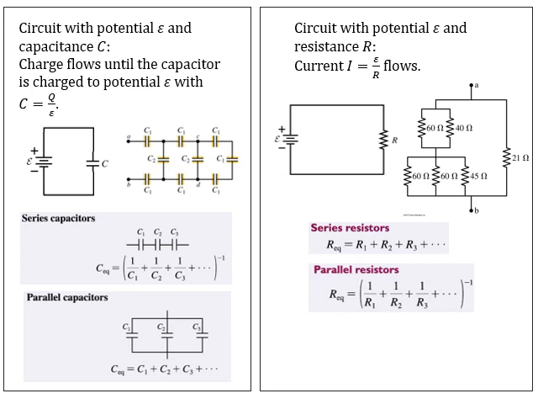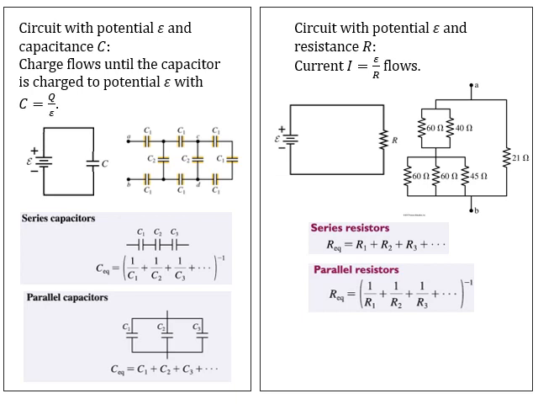If you have a circuit with some potential source like a battery and a capacitor, then when you connect your circuit, charge is going to flow around the circuit until your capacitor gets fully charged. The capacitance is the charge on the plates divided by the potential of the battery. When your capacitor is carrying the full potential of epsilon, that's when the current stops flowing because it's fully charged.